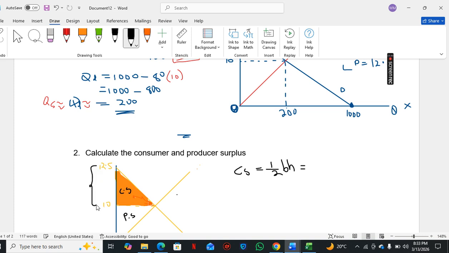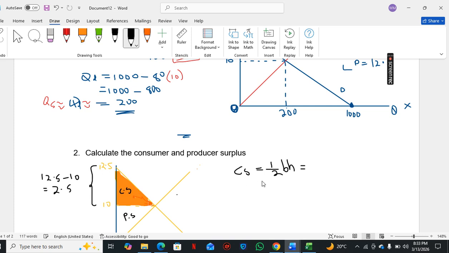It's from 10 to 12.5. So the height is 12.5 minus 10, which gives us 2.5. So the height is 2.5.